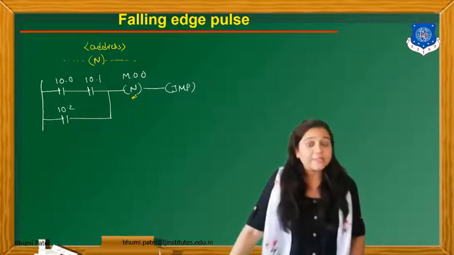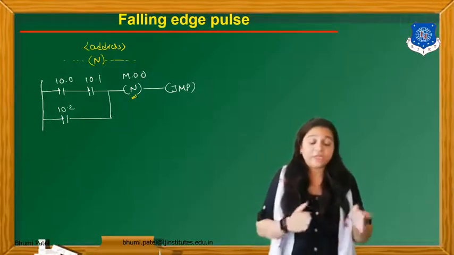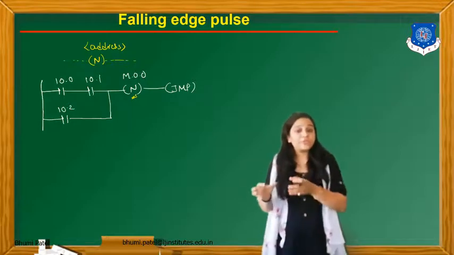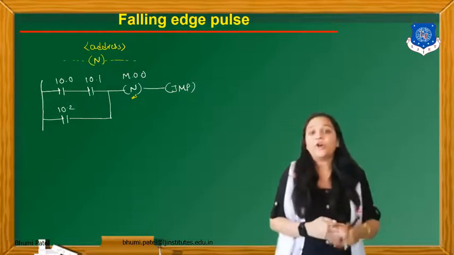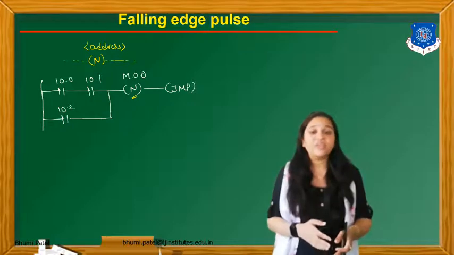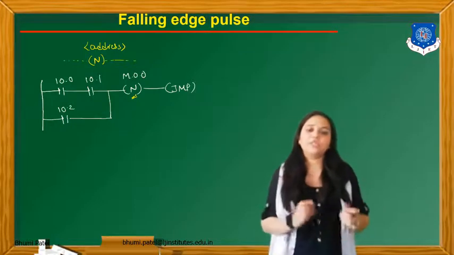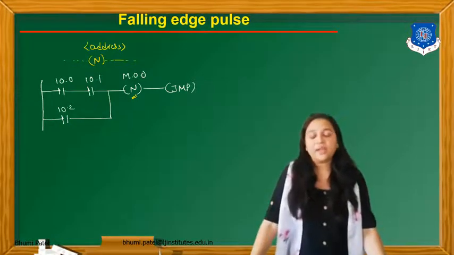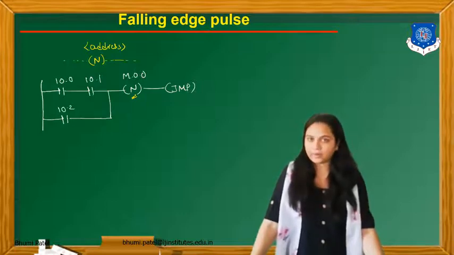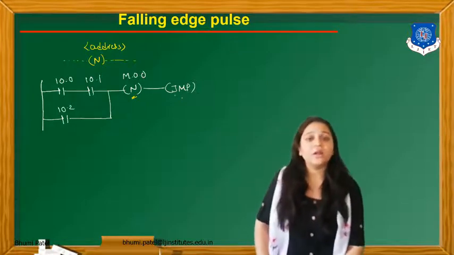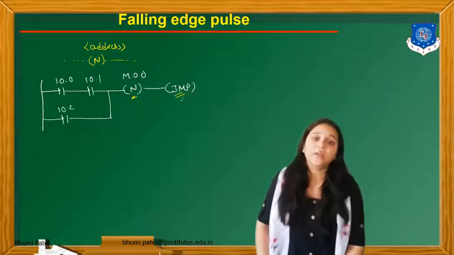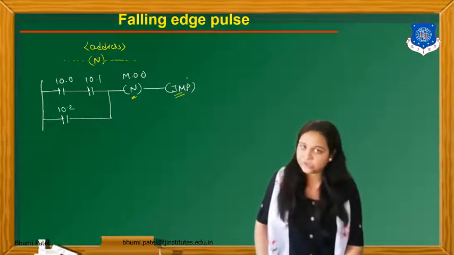In the rising edge pulse, the RLO state goes from 0 to 1. In the falling edge pulse, the state changes from 1 to 0, and it will be saved in the memory address.